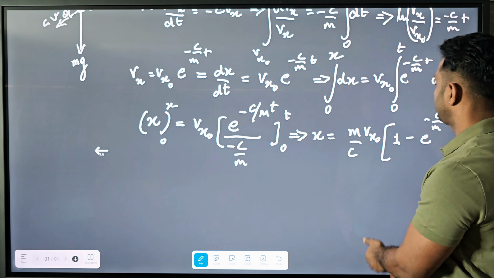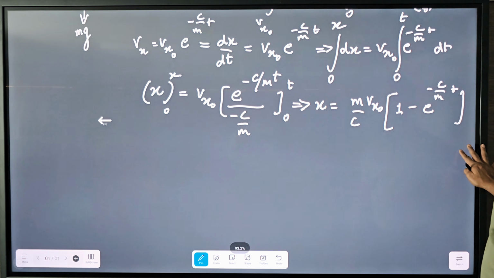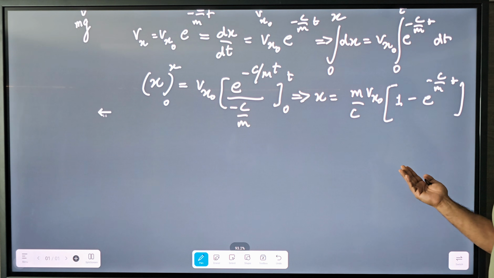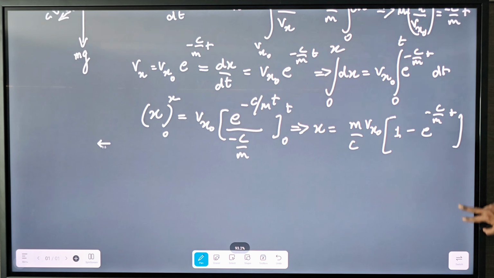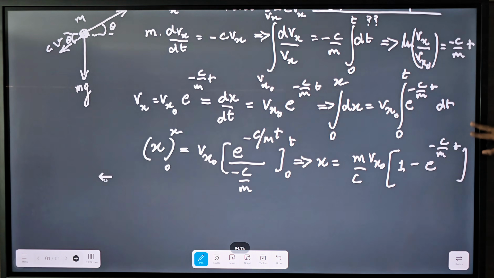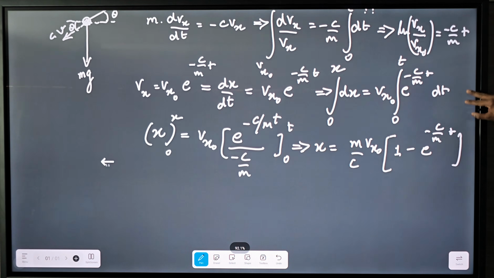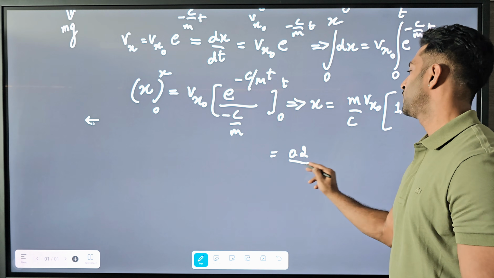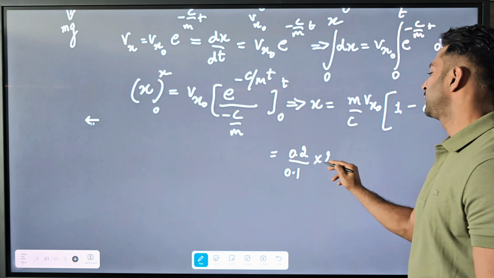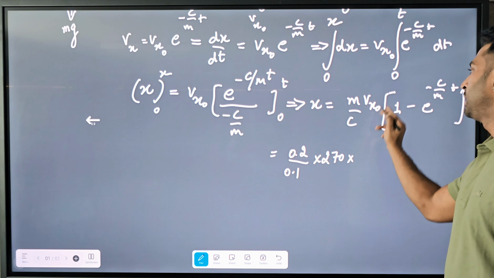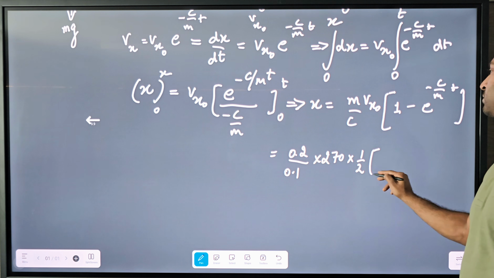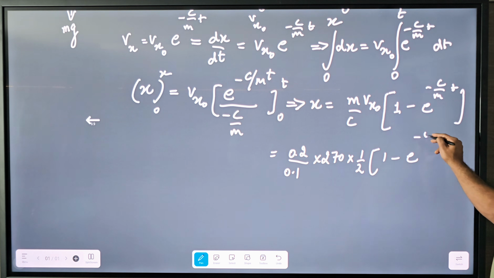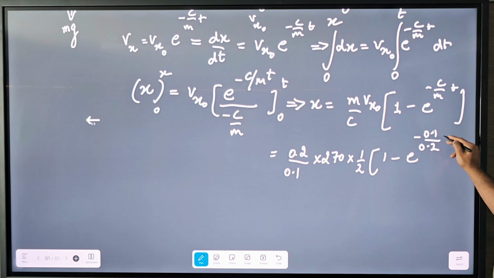The x coordinate is a function of time, and this is precisely what is asked. Now, the mass of the body is 200 grams and c here is 0.1. So you put mass 0.2 kg, c 0.1, initial velocity 270, the x component with cos 60 being half, c 0.1, m 0.2, time is 2.